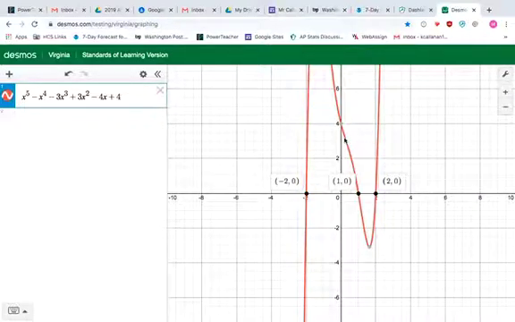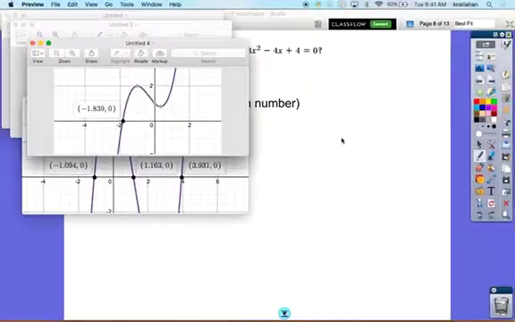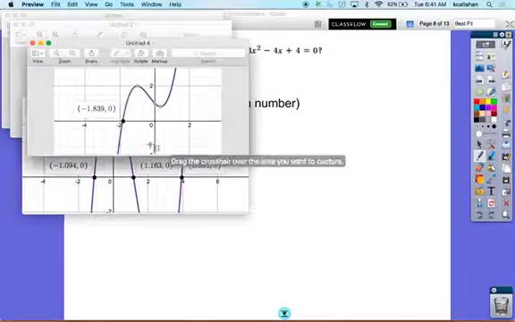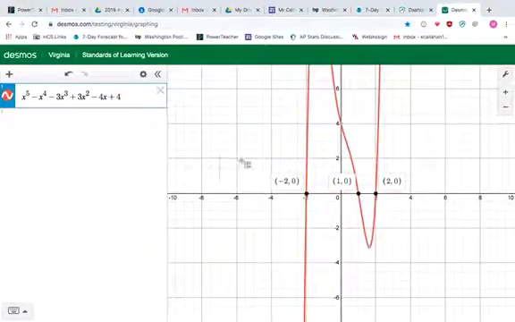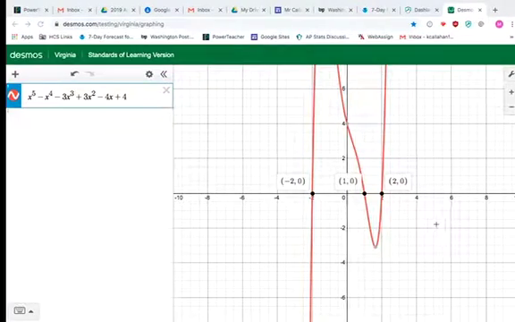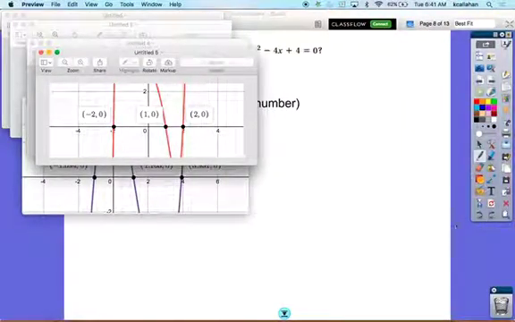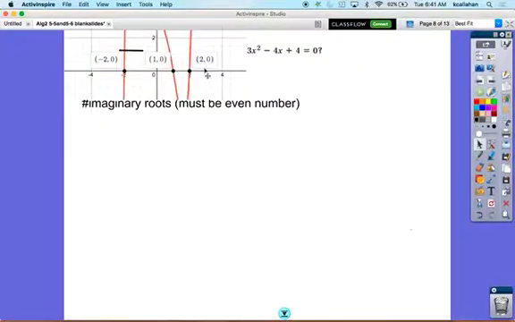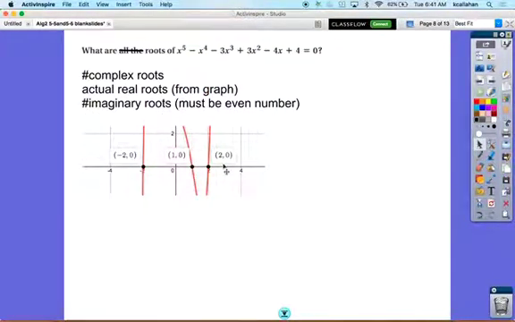So let me do a little snip. Take a screenshot of that. Okay, and with that, here's our answer to our questions. The number of complex roots, 5, right?